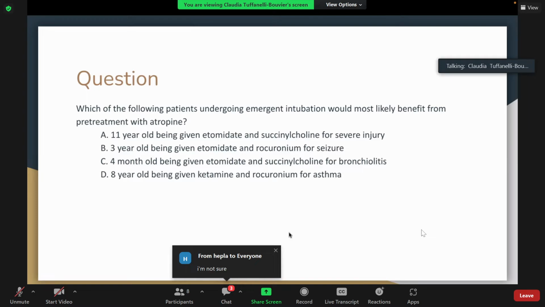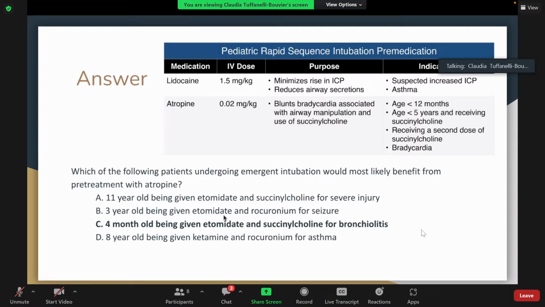So yeah, this one's tough, and I'm sure it's really tough if you don't see kids, but I put this in so we could talk about pre-treatment with medications. For this one, it's C, actually: a 4-month-old being given etomidate and succinylcholine for bronchiolitis.